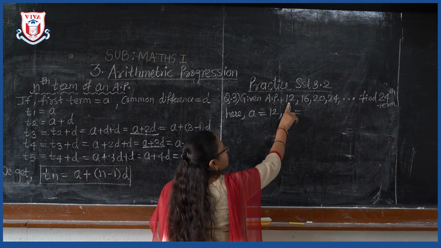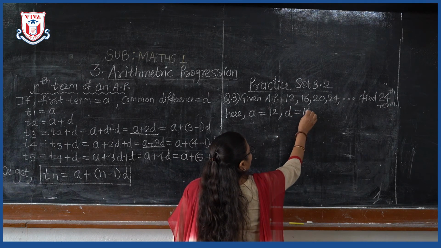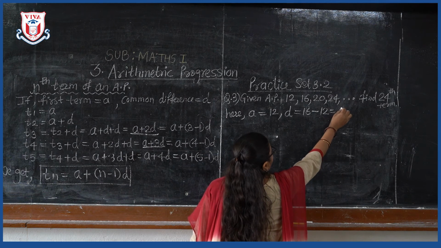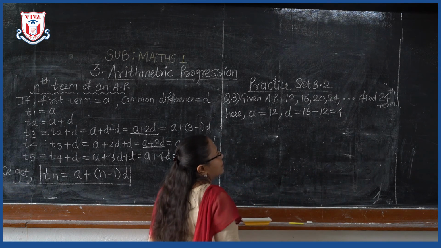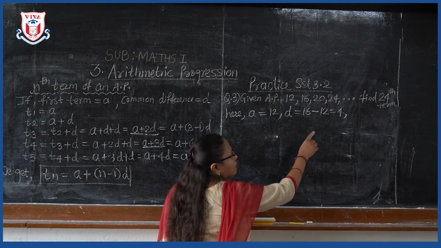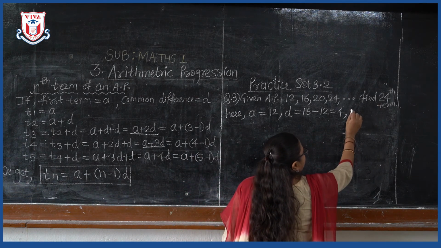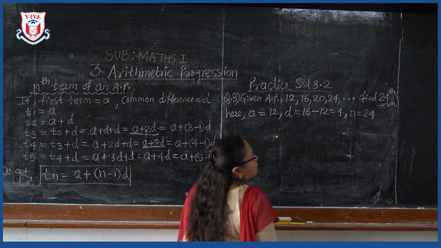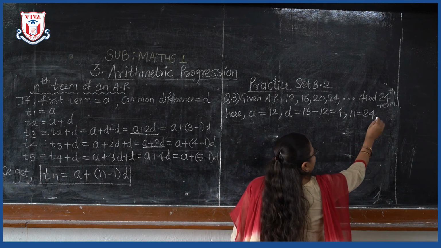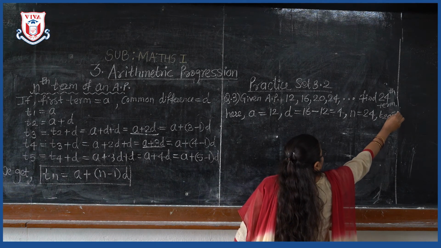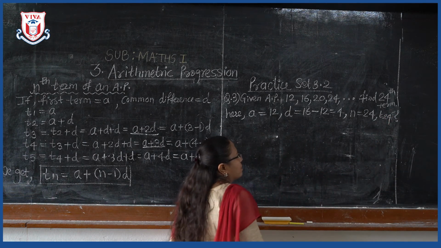Second term minus first term, always we get it that way. 16 minus 12 is equal to 4, so 4 is the common difference. Then which term do we have to find out? The 24th term. So n is equal to 24, and the 24th term is written as T24. This we have to find out.